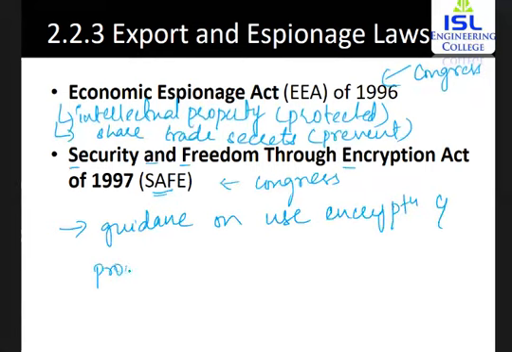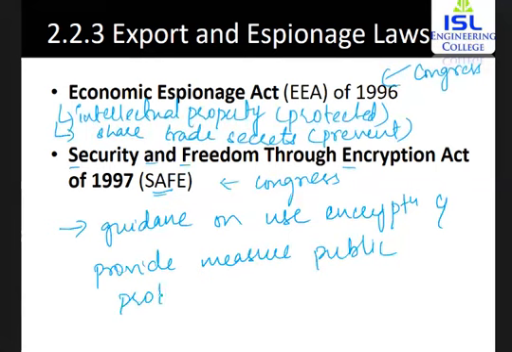It also provides measures to the public on how they can secure themselves and get protection from government interventions.